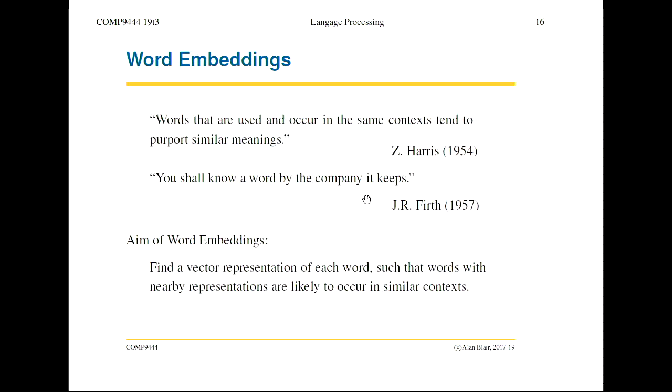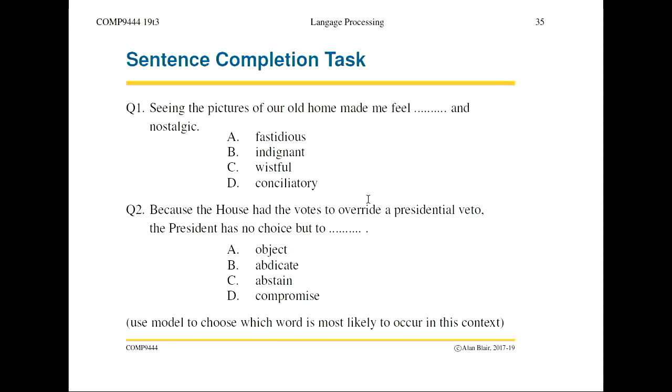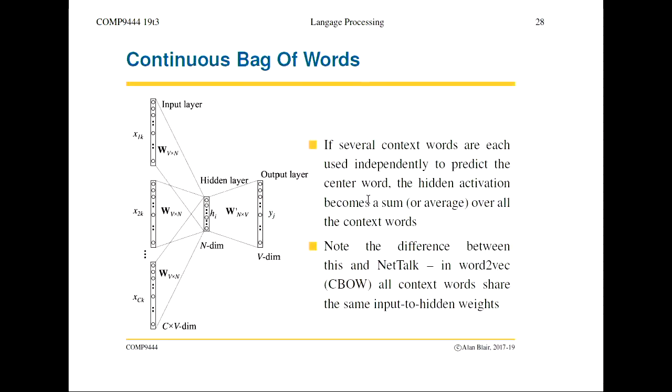Okay, so this leads us to the issue of word embeddings. Now, as I said, what we want to do is assign a vector to each word. And I suppose I might just jump to the end here to set the context.